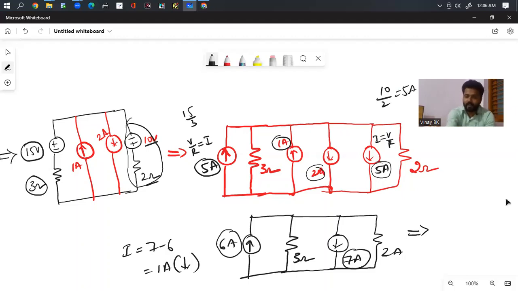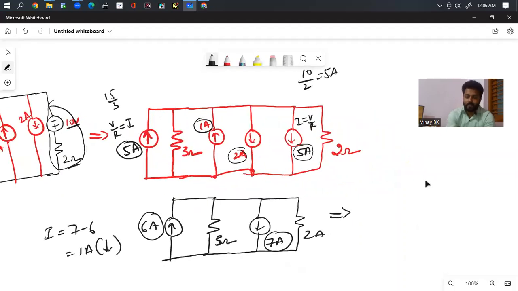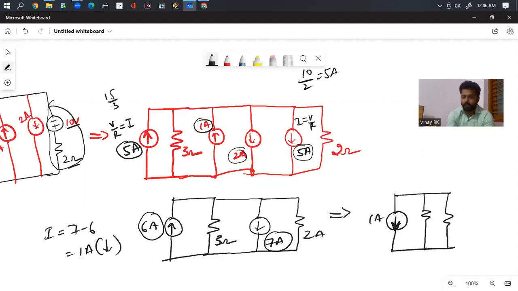So you can rewrite this circuit to get one current source. Right now 1 ampere is flowing downward, and resistors 3 ohm and 2 ohm are connected across M and N.